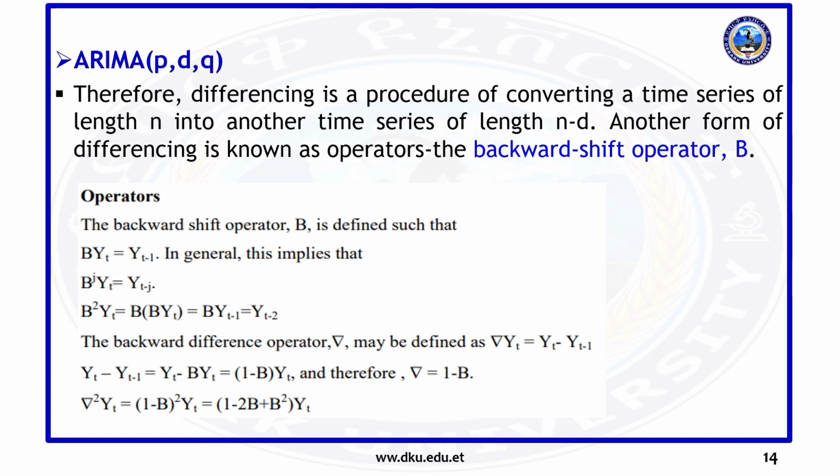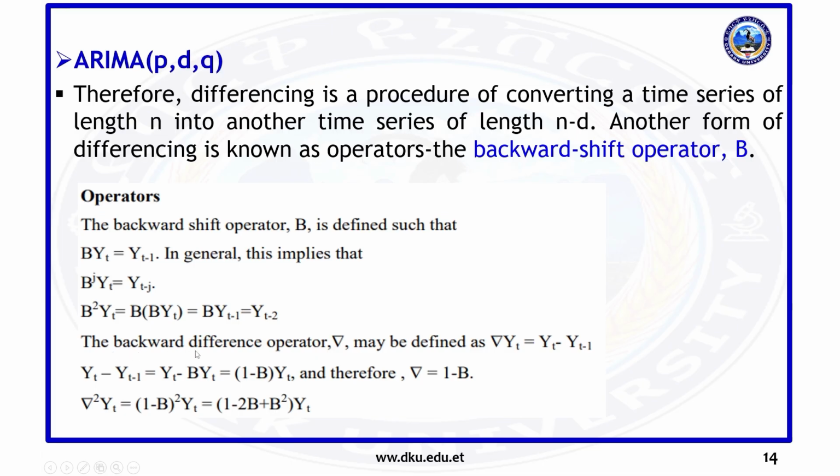A convenient way to express differencing and lagged values is through the backward shift operator B. By definition, BYt is equal to Yt minus 1. That's the backward shift operator to the power of 1. When you generalize this, B to the power of J applied to Yt gives Yt minus J. This is the general form of the backward shift operator.